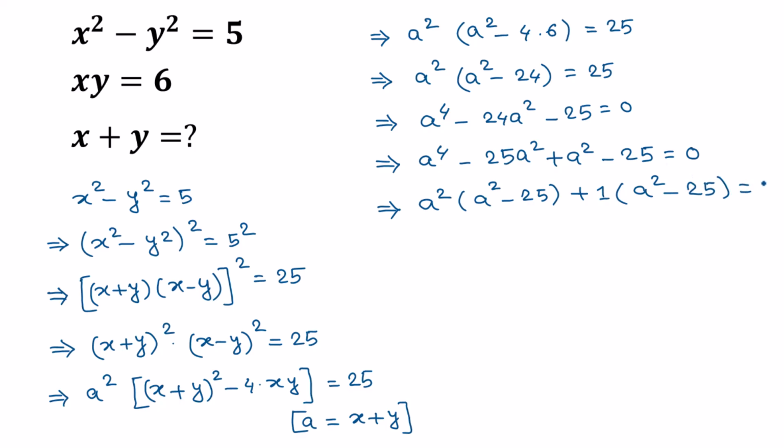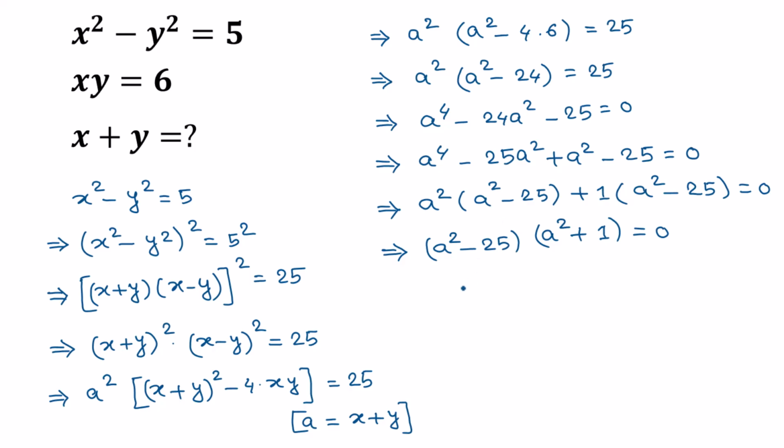This will be 0. Now taking common this (a square minus 25), we will get (a square minus 25) times (a square plus 1). This is right side 0.